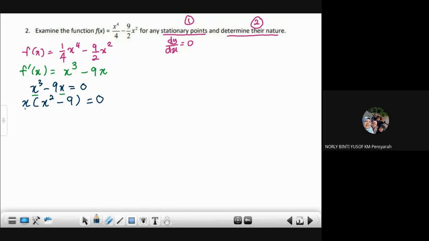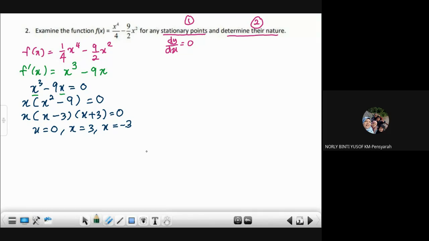And the same thing, x equals 0. Only here, you see a perfect square, right? Or if you want to use the calculator, A1, B0, C negative 9. So you will obtain x minus 3, x plus 3. So you will obtain 3 stationary points of x: x0, x3, x negative 3.